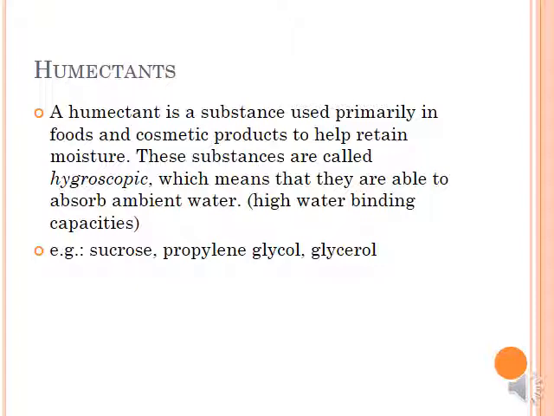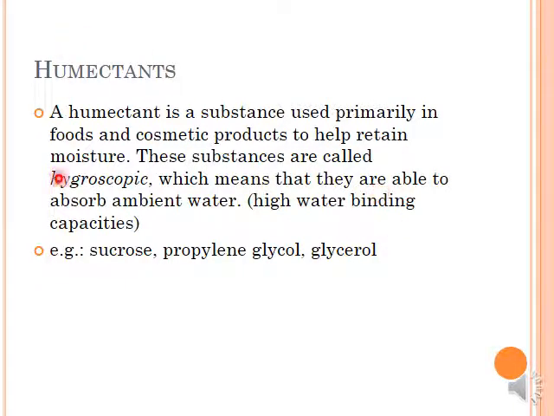Humectant. So what is a humectant? By definition, it is a substance used primarily in food and also cosmetic products to reduce water activity, because this humectant will bind to the free water. This kind of substance is called hygroscopic, which means they are able to absorb water, meaning high water binding capacity.